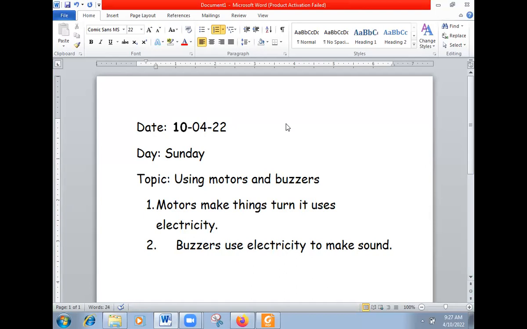So motors are used to move things and buzzers are used to make sounds. And obviously they work with electricity. It can be mains electricity or it can be cell electricity with batteries. So for big things, we use mains electricity, and for small things, we use cells.